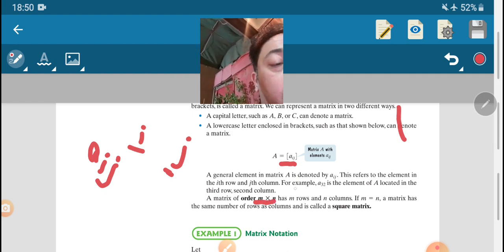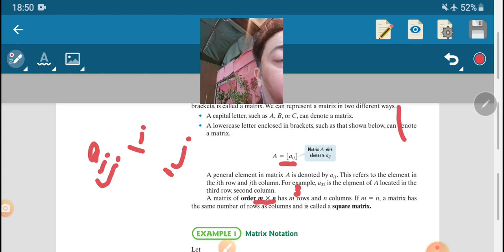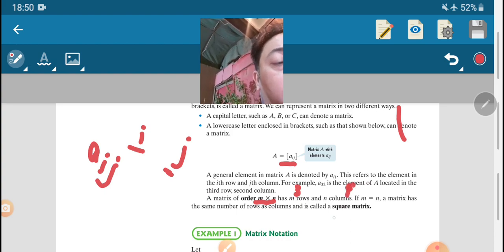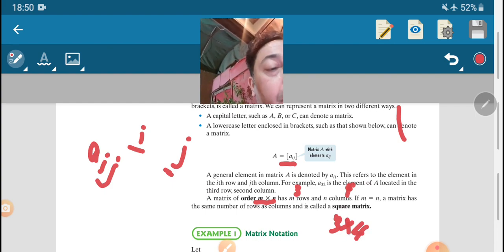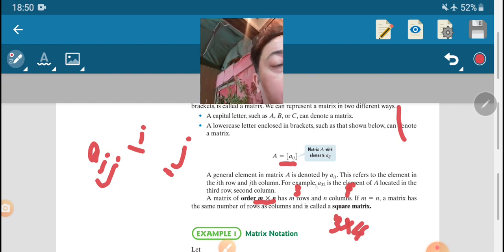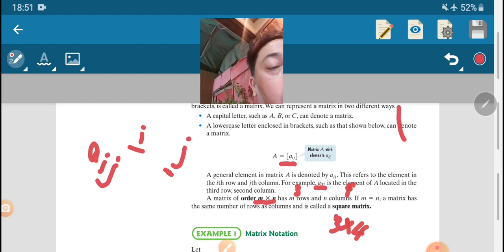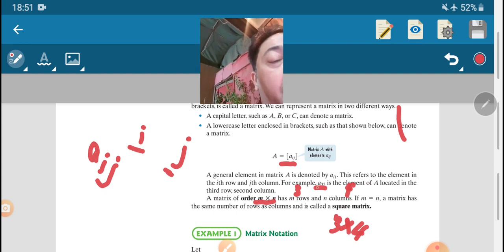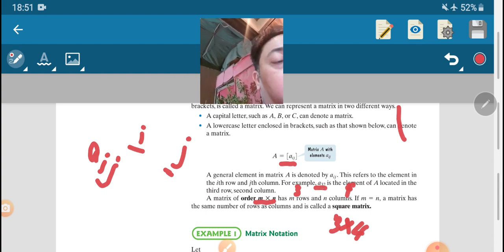If the matrix contains 3 rows and 4 columns, we call it a 3 times 4 matrix. Again, what does element a_32 mean? This element is in the third row and the second column.